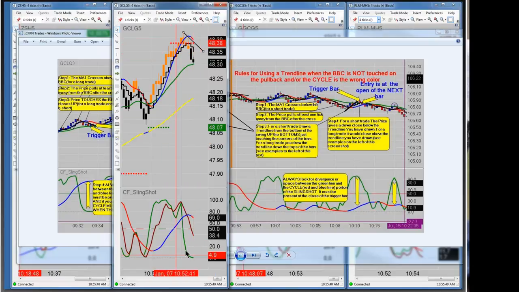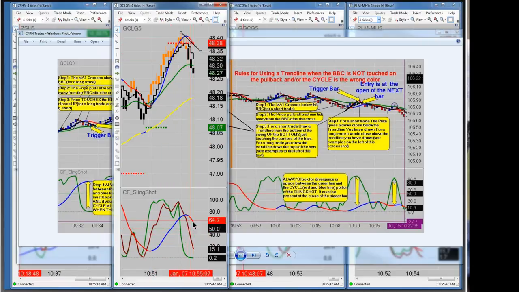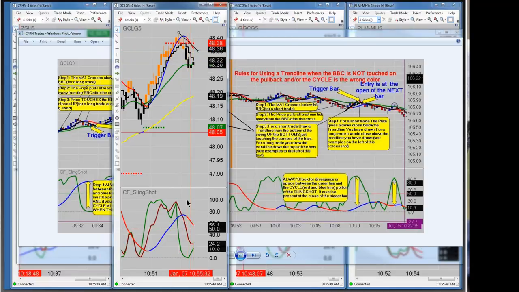Okay, you're still going to have divergence down here. You still don't want the cycle going down against you at a 45-degree angle like this one is. But it doesn't have to be the right color, and you don't have to hit the BBC. All right, you're going to get a lot more of these trades in any given day than you will these trades over here, unless the markets are really choppy.